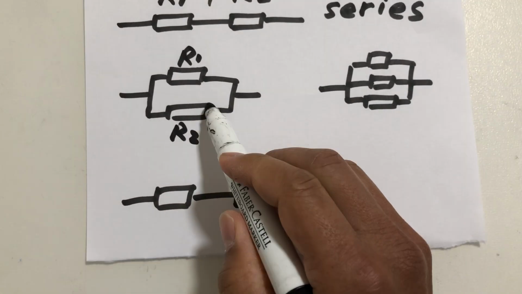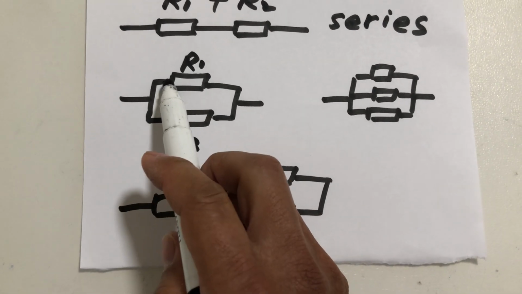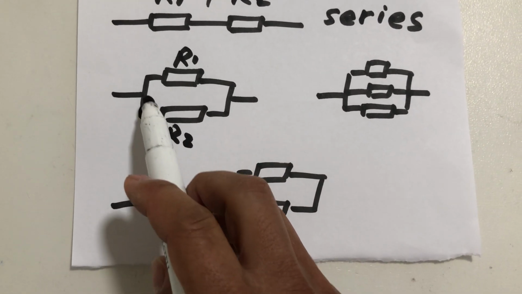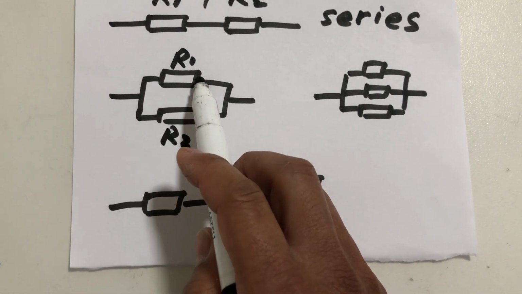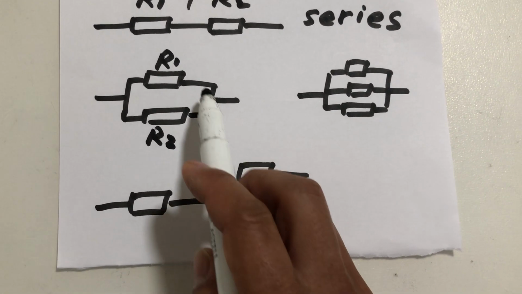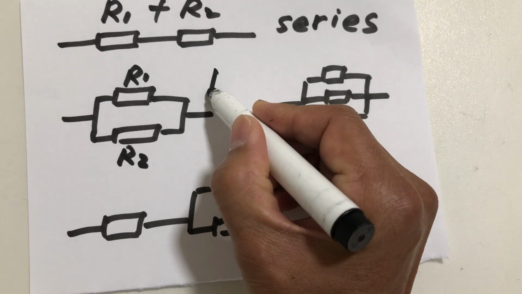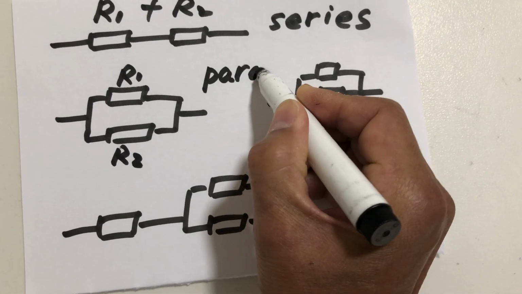And the ending point is the same. So they are R1, R2. The entry points are connected, the ending points are connected. Could be 2 or could be 3. And they are called parallel.